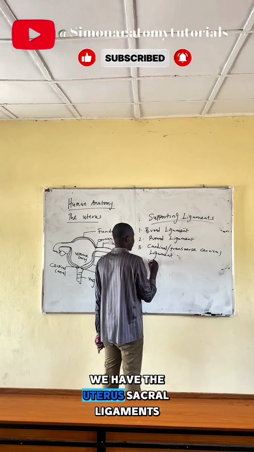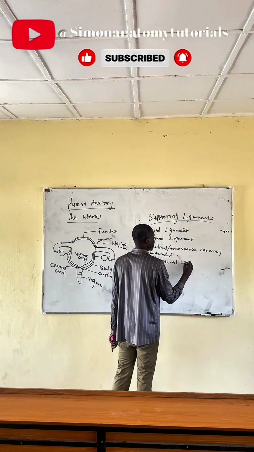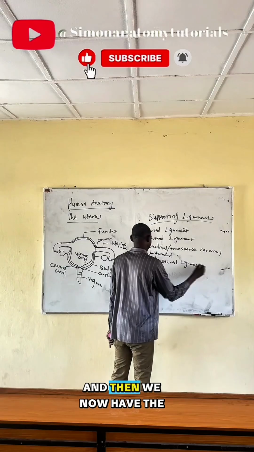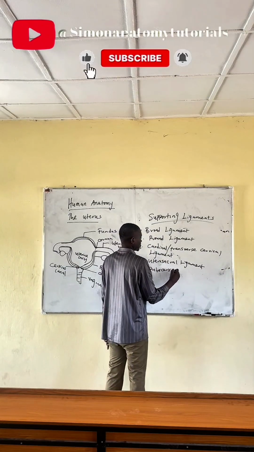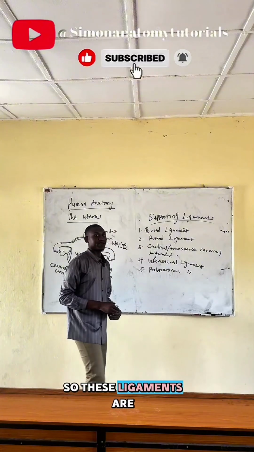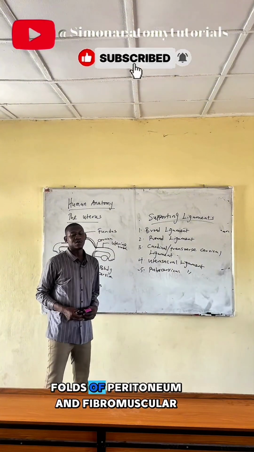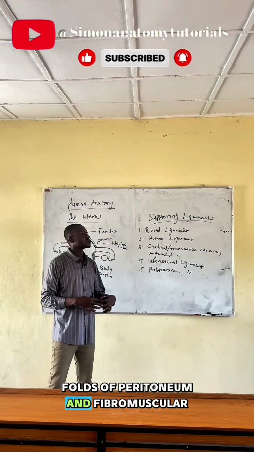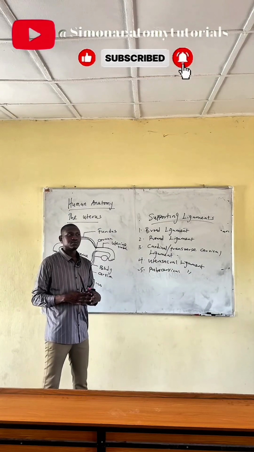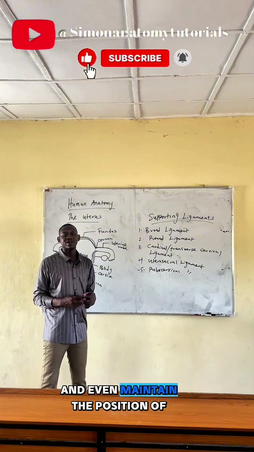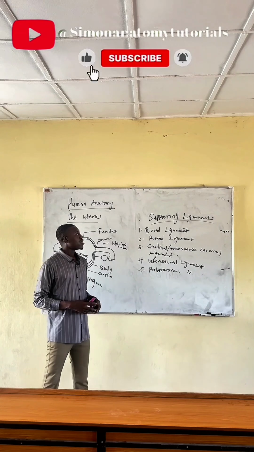We have the uterosacral ligament, and then we have the pubocervical ligament. So these ligaments are folds of peritoneum and fibromuscular bands that support the uterus and even maintain the position of the uterus in the pelvic cavity.